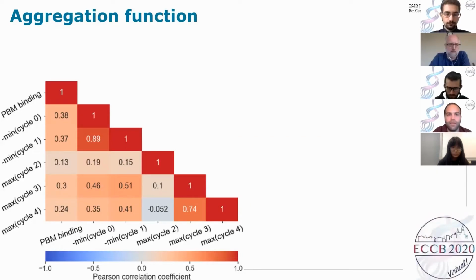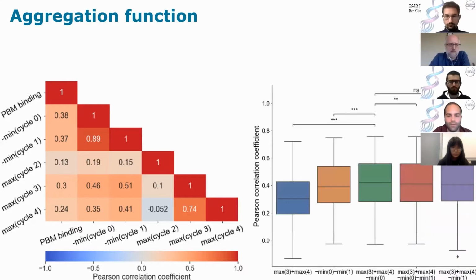Then we need to integrate those functions to achieve a very good aggregation function. The best aggregation function that we found was to add the max of cycle 3, the max of cycle 4, and then subtract the min of cycle 0. As it turns out, fusing different enrichment cycles complement each other since they comprise different types of information.